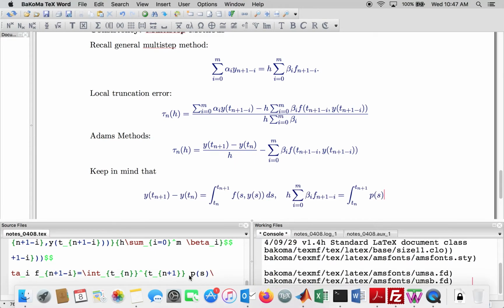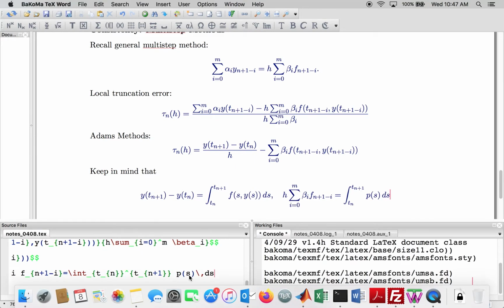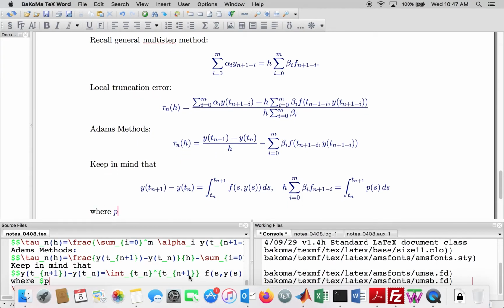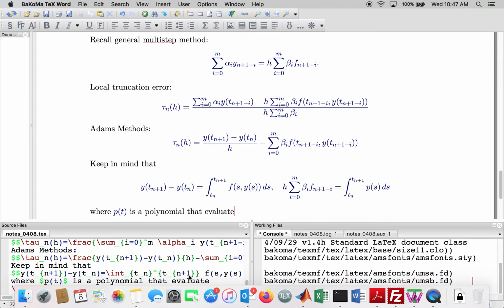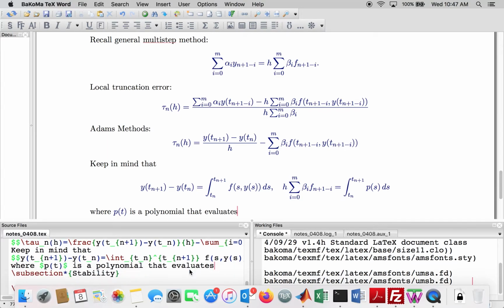Actually, the degree depends on implicit or explicit. I'll just leave it as p of s, where p of t is a polynomial.